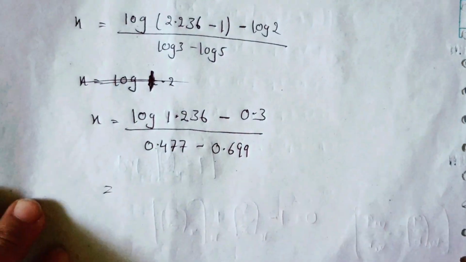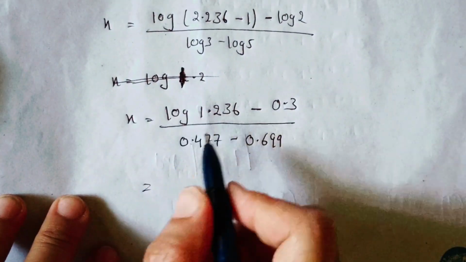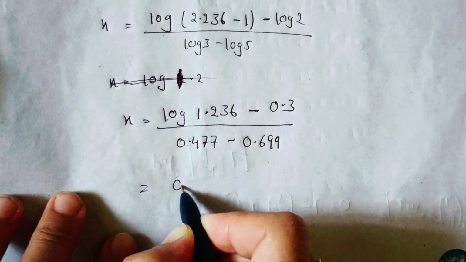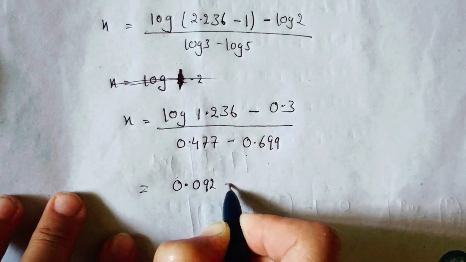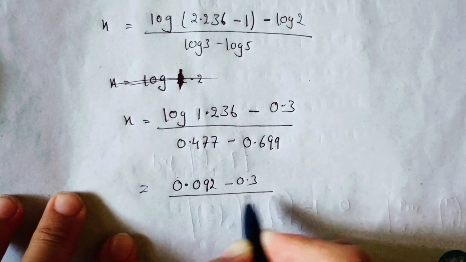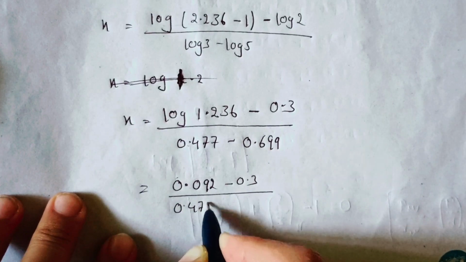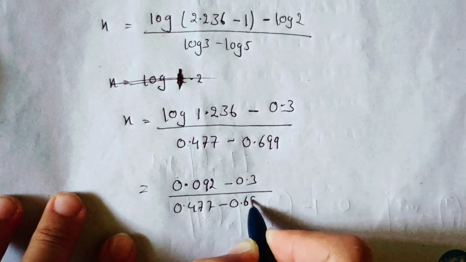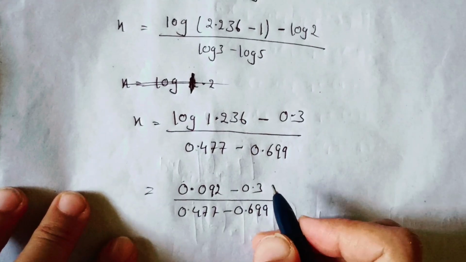So that implies 0.092 minus 0.3 divided by 0.477 minus 0.699.